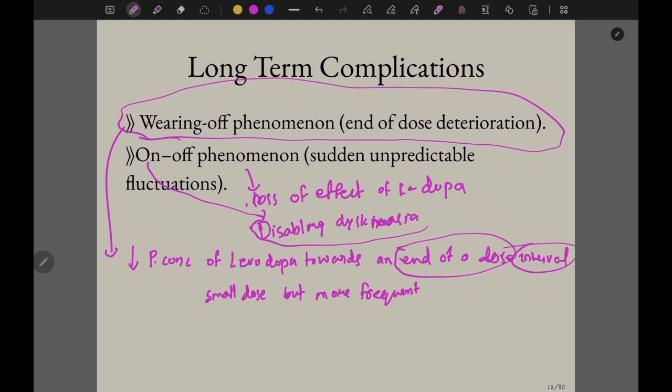This is the on-off phenomenon, which is sudden and unpredictable fluctuations.